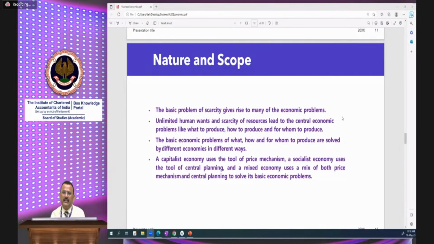So while studying this detail about the capitalist, socialist, and mixed economy, try to remember the characteristics or the significance of each of these and the distinction between them, because sometimes three characteristics of the capitalist economy are there and one of the socialist economy is there, and you have to distinguish which is the wrong one. So when you remember all the characteristics, you will be able to distinguish which is the wrong one.